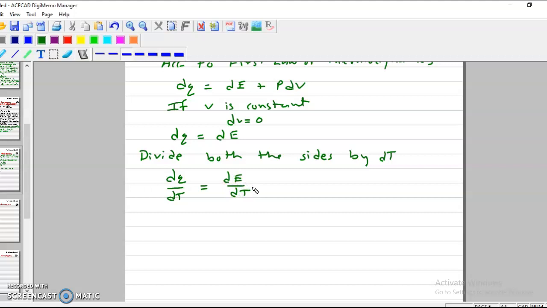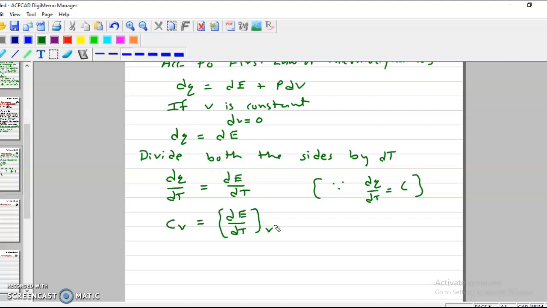Therefore, dq upon dT is equal to C. Because dq upon dT is equal to C and it is at constant volume, so we write Cv. So Cv is equal to dE upon dT at constant volume. Okay. So this is the equation of Cv.